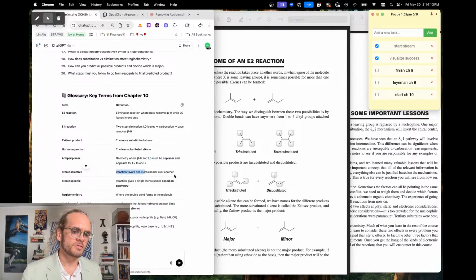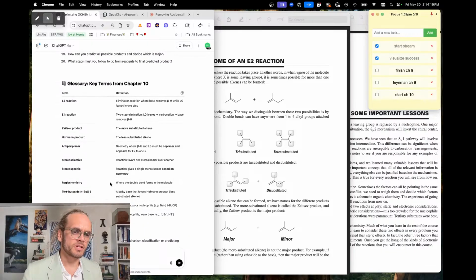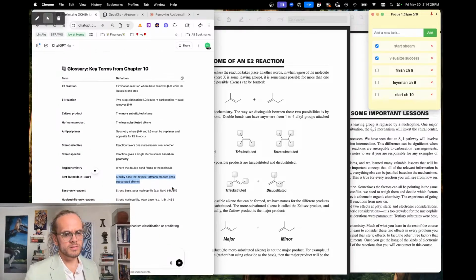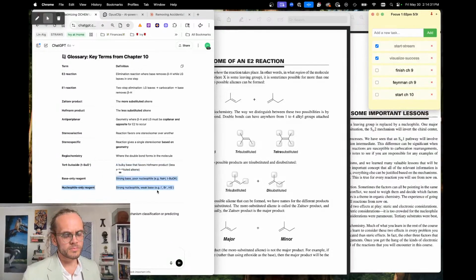Stereoselective is a reaction that favors one stereoisomer over another. Stereospecific is a reaction that gives a single stereoisomer based on geometry. Regiochemistry, where the double bond forms in the molecule. Okay. Tert-butoxide, a bulky base that favors the Hoffman product, which is the less substituted alkene. And a strong base, poor nucleophile, is a base-only reagent. Nucleophile-only reagent. Okay.